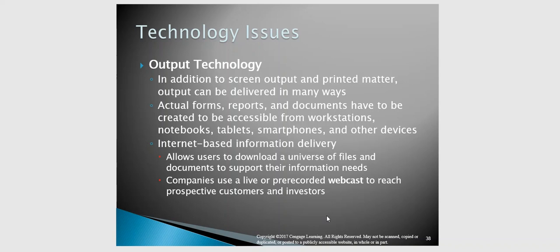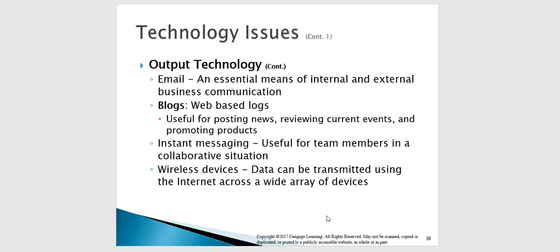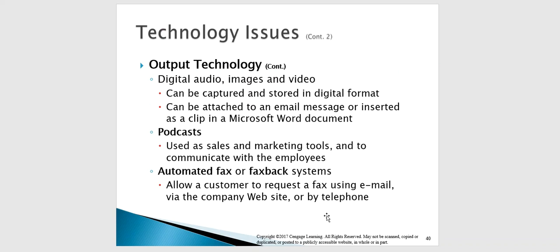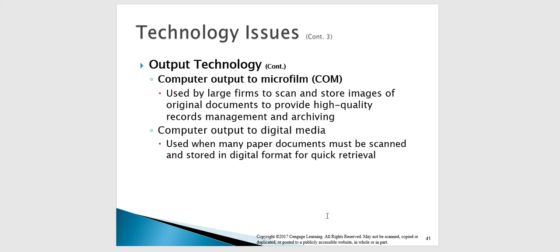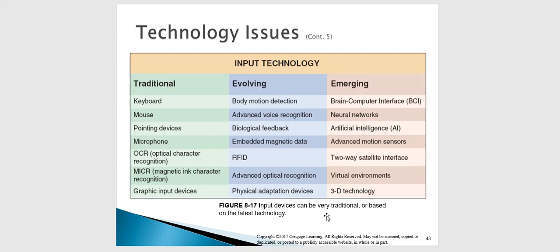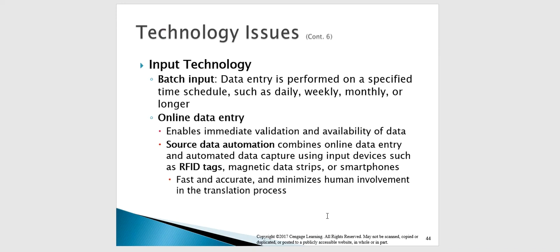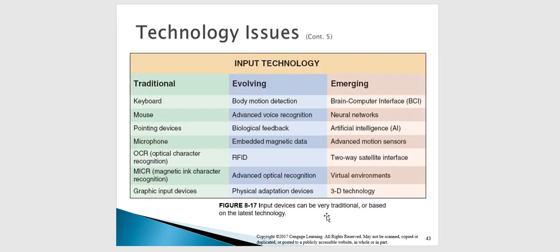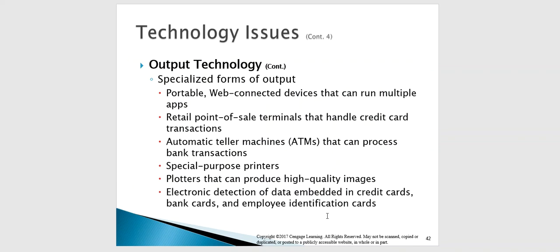These are some of the other specialized forms that were mentioned in this chapter. It also mentioned blogs and email, podcasts, as I've said, some specialized forms of output. Because of the advancement of technology, those are definitely things that we really need to consider moving forward.